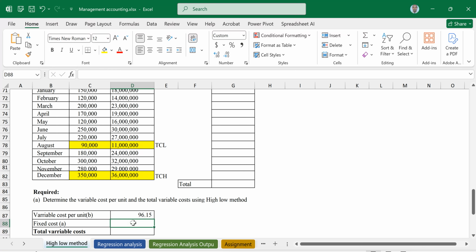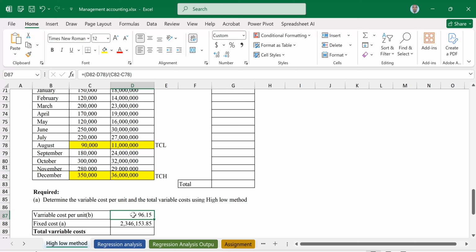So it's 2,346,153. That answers the question to determine the variable cost per unit, which is this.